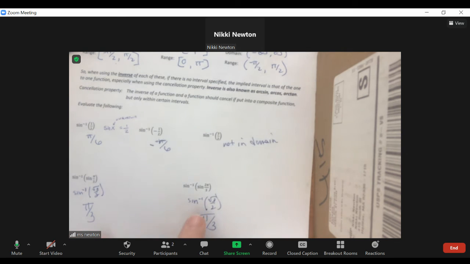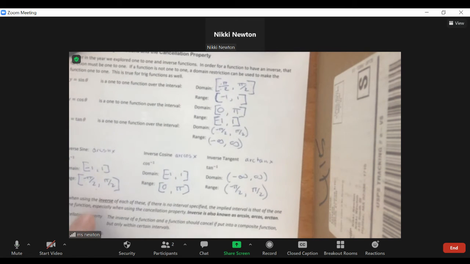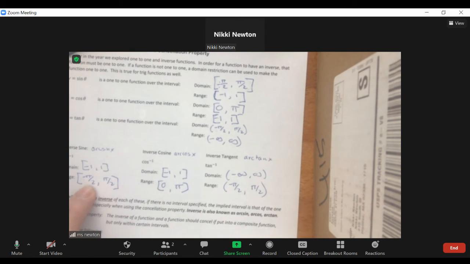All right, so let's move on to this one. So I have sine inverse of sine, but is it inside my restricted domain? So I'm checking to see if 2 pi over 3 is in the range of sine inverse. So sine inverse has a restricted domain between negative pi over 2 and positive pi over 2.